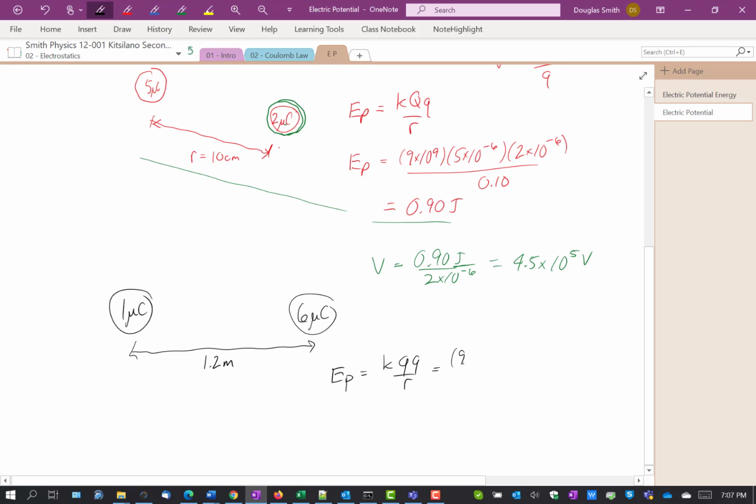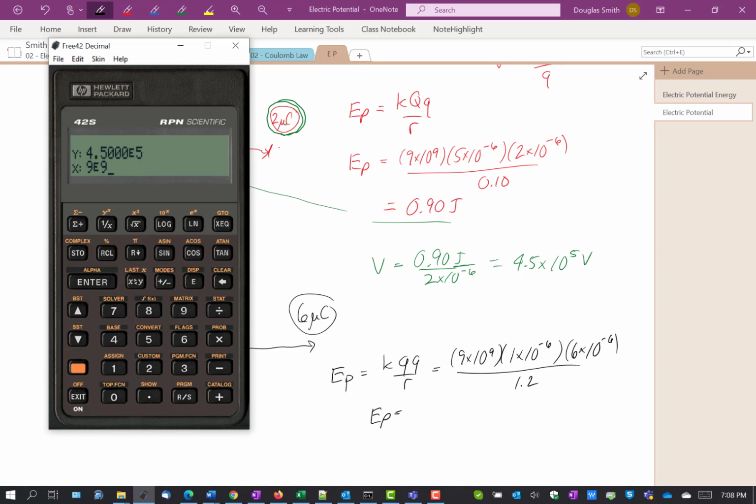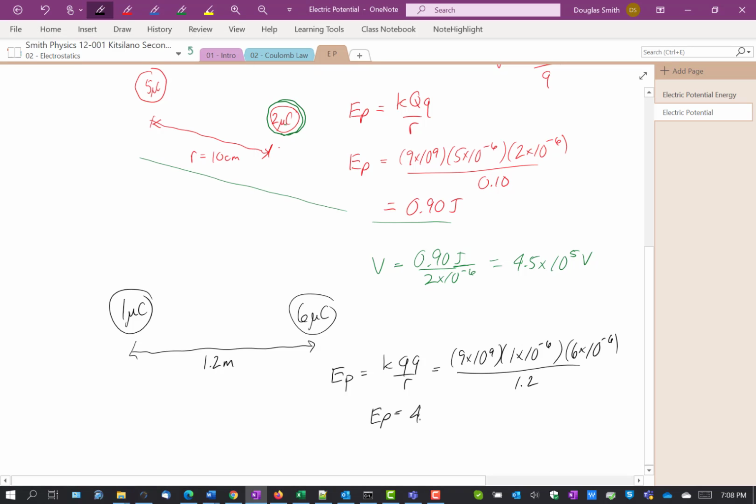So that's 9 times 10 to the 9, 1 times 10 to the negative 6, 6 times 10 to the negative 6, divided by 1.2. That's 4.5 times 10 to the negative 2.